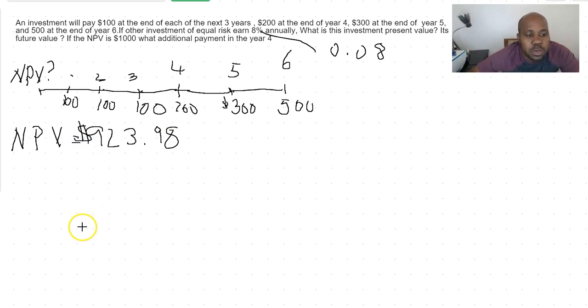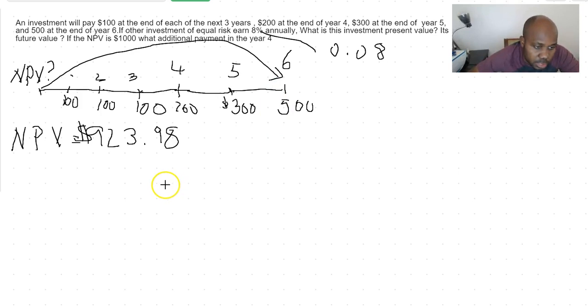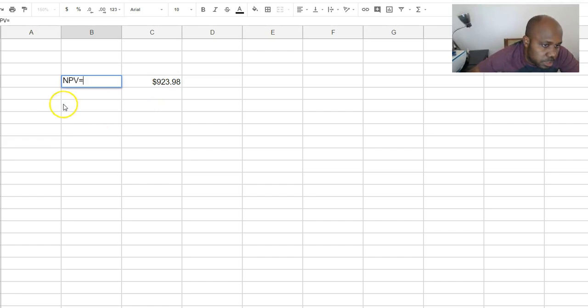Now, if I want to find out the future value, it's pretty simple. I have the net present value, and I can just find out this value after 6 years. I can use the same approach. If I go to my Google Sheet, let me type it.